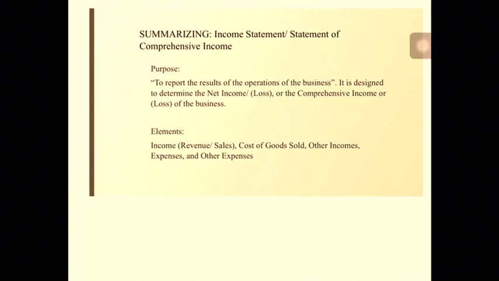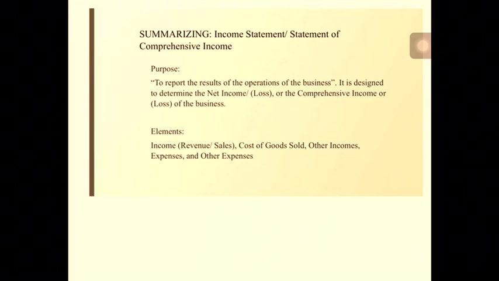Now for the elements, okay, these are the accounts that you should be able to reflect in an income statement or a statement of comprehensive income. Of course, you have to reflect there the amount of the income by the business, depending on what type of business activity the business is engaged in.